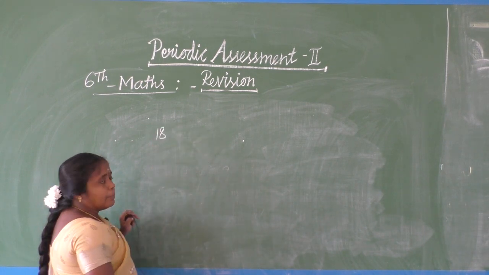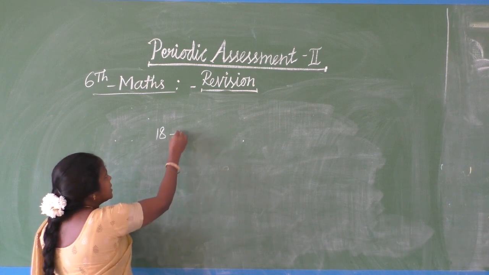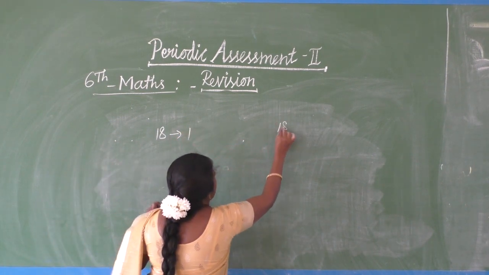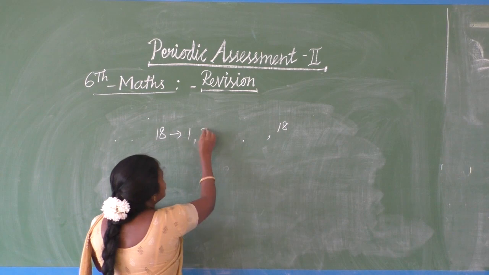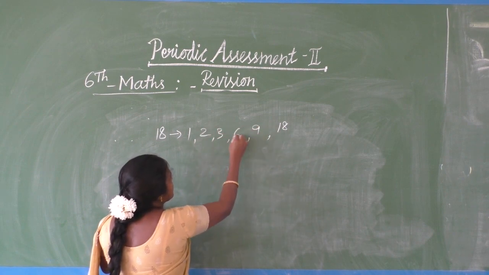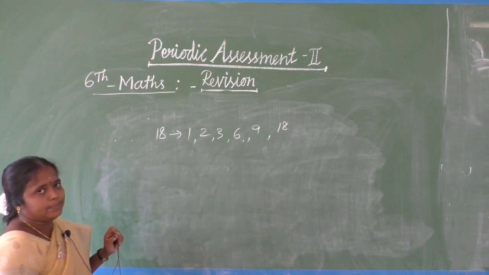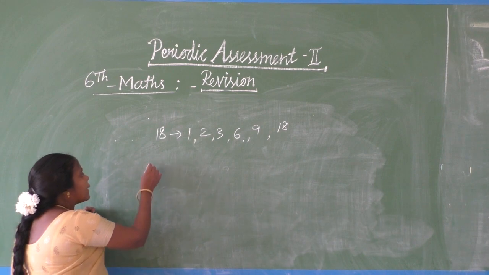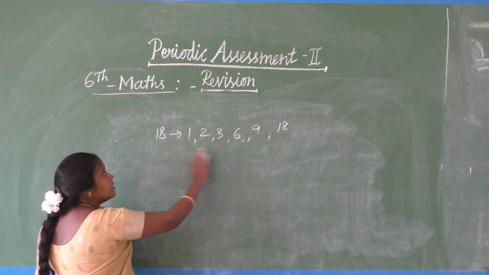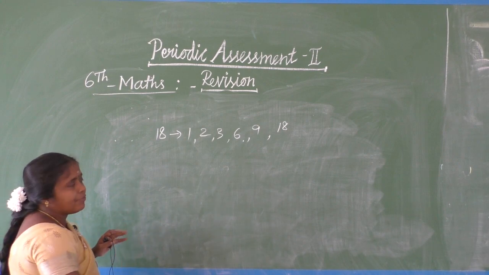See, for example, I have taken the number 18. Write all the factors of 18. What do you write? 1 times 18 is 18. 2 times 9 is 18. 3 times 6 is 18. These are the factors of 18. But here, in general, I wrote all the factors of 18.